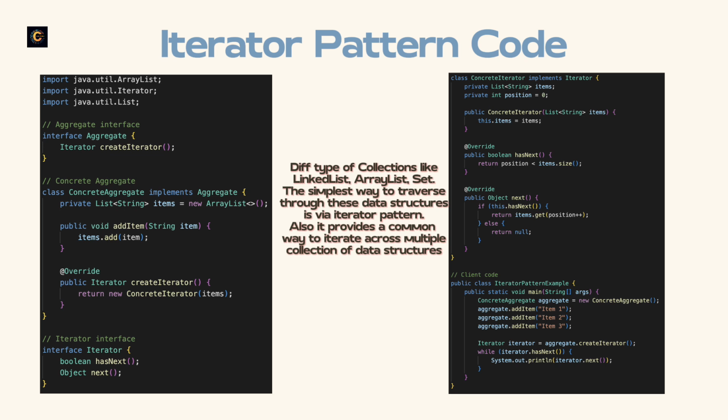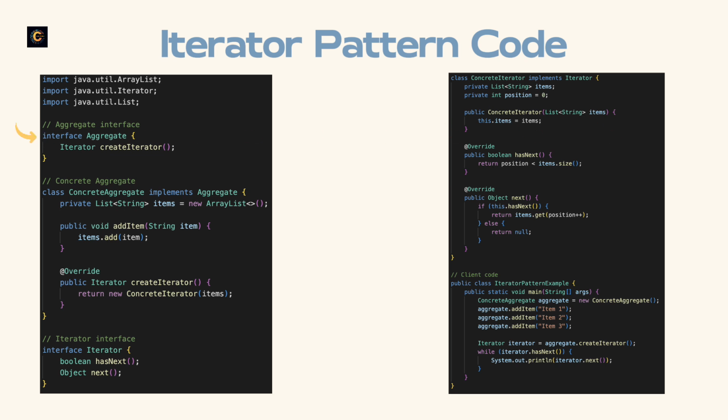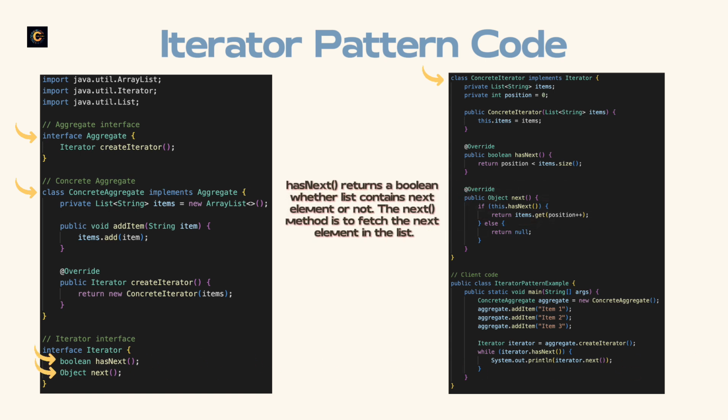Simple. Now if you take a look at the code, we have an aggregate interface with createIterator. Then we have a concrete aggregate which implements aggregate. Similarly, we have a concrete iterator that implements the iterator interface. Now one of the most important things is that iterator has two main methods, hasNext and next, where hasNext returns a boolean whether the list contains a next element or not, or if it is the end of iteration.